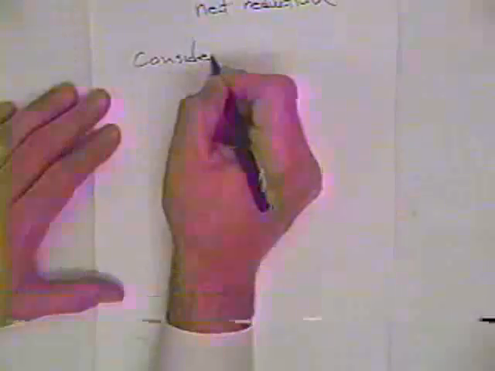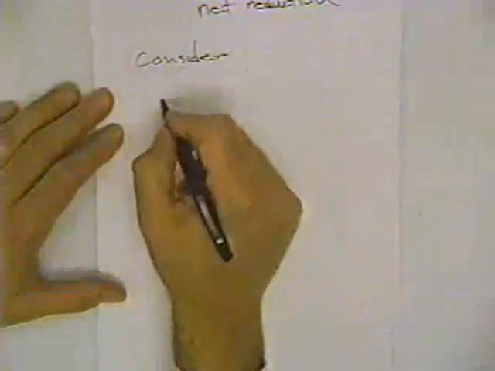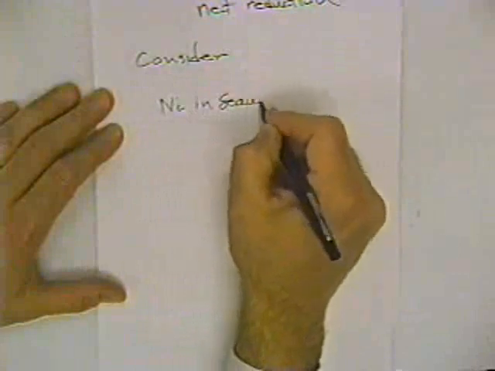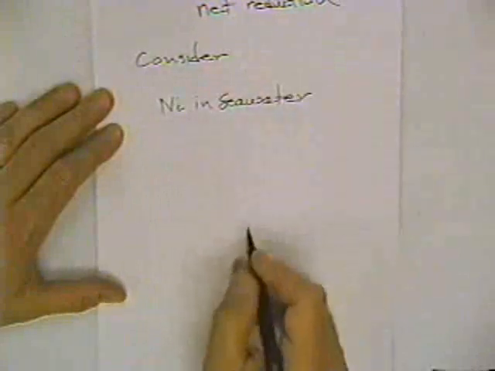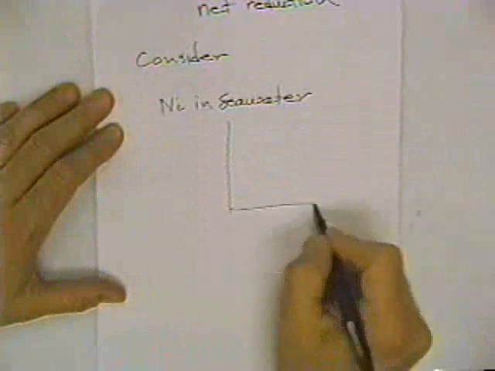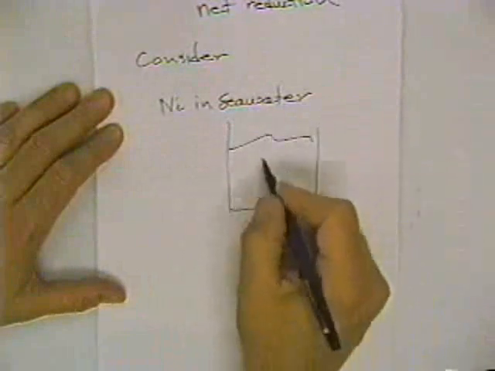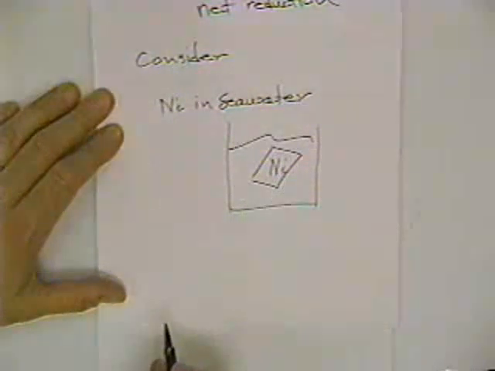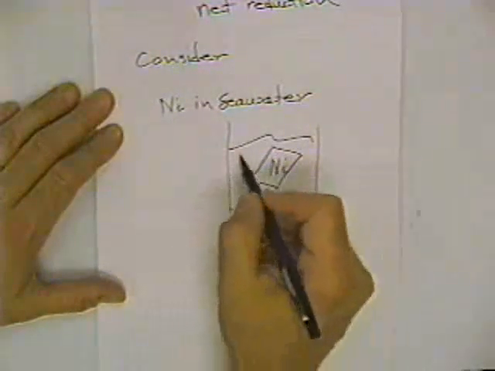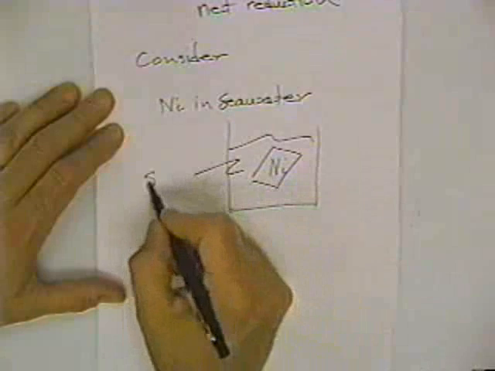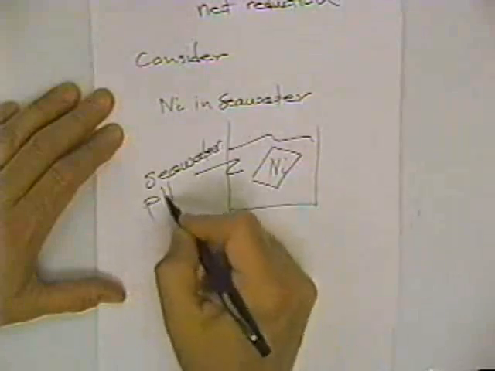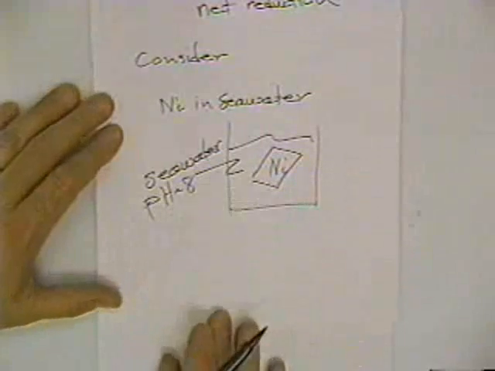Consider nickel in seawater. So I like to draw a little picture of myself. Put a piece of nickel in there. And this is seawater. The pH is about 8.